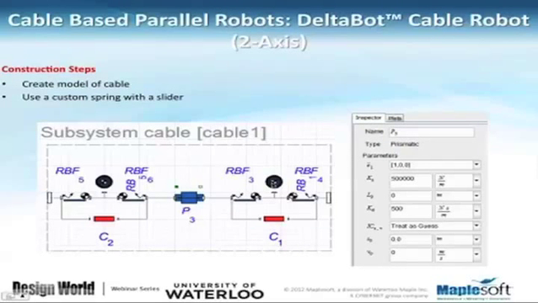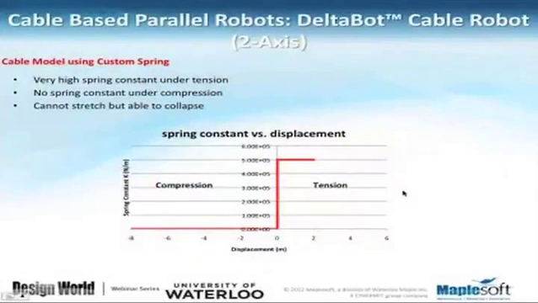These two masses are in fact the masses of the rod ends at the end of the cables, and also the mass of the cable if we want to consider it. Now for the prismatic joint, we can consider stiffness, we can consider damping, and that way we can change the stiffness of the cable. In order to add that stiffness property, MapleSim has a template to generate any form of stiffness.